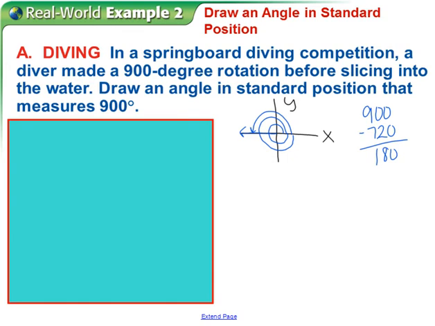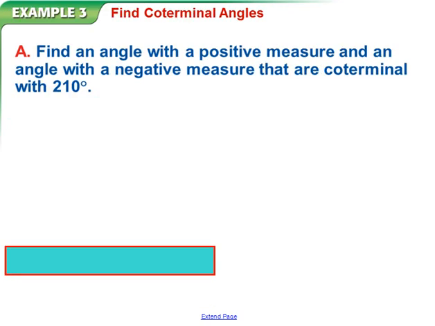Okay, the next example. Find an angle with a positive measure and an angle with a negative measure that are coterminal with 210 degrees. Well, let's start by drawing out 210 degrees. So there's 180, and then it was 30 more. So it's right there.